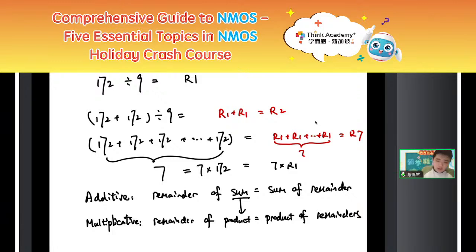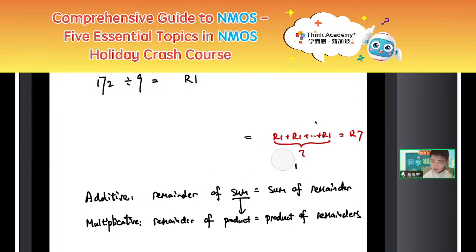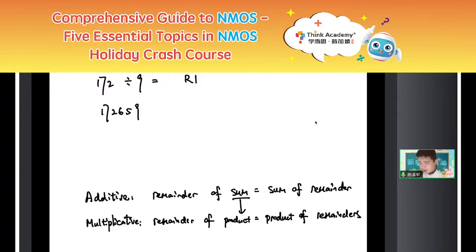So I would like to give you another example. Okay, guys, I'll need your help to do another round of calculation for me. First of all, we have two different platforms, people on WeChat and people on YouTube, right? So people from WeChat, please help me calculate the remainder of 172,659 when divided by 9.